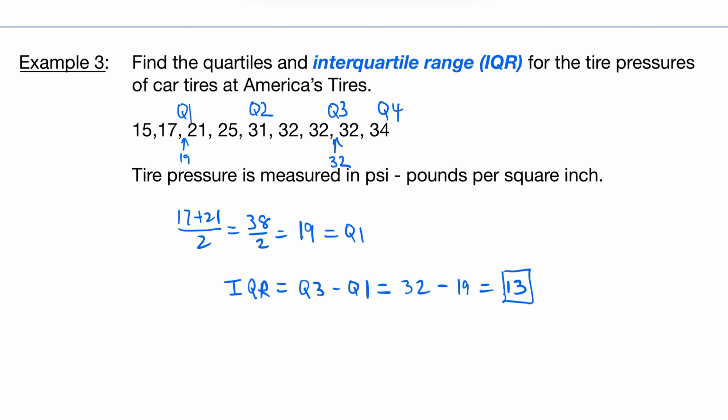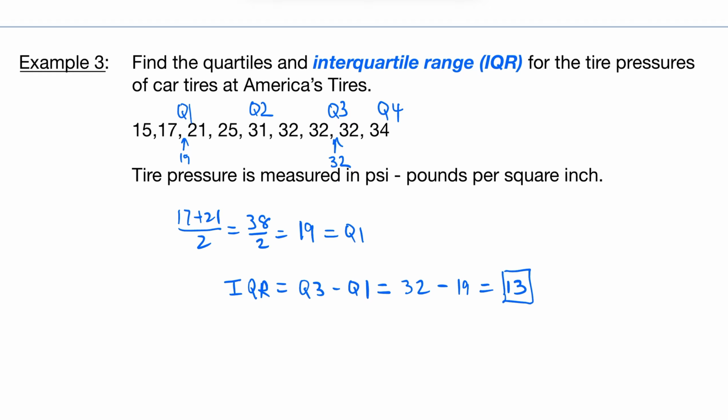What does the interquartile range tell us? The interquartile range gives the range of the middle 50% of the data. If you have a small interquartile range, it means that the middle 50% of the numbers are clustered together, whereas a larger interquartile range means that the middle 50% of the numbers are more spread out.